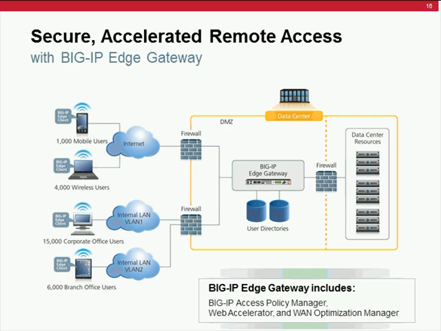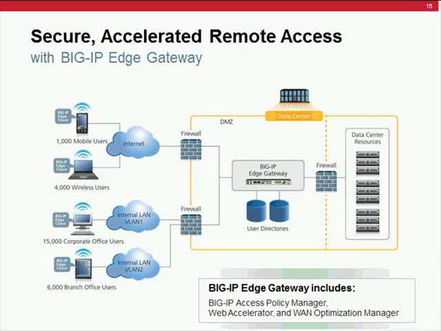The thing that Edge Gateway adds, though, is the web acceleration and the WAN optimization piece. And that's critical for remote users who might be in locations on high latency networks or on 3G mobile devices, being able to make sure that content is delivered quickly down to the end user.